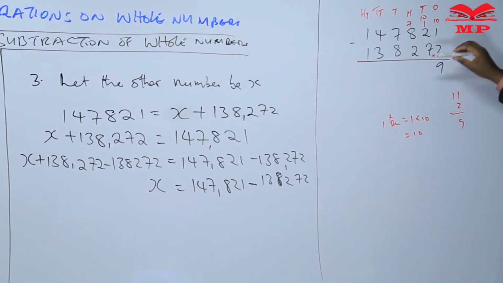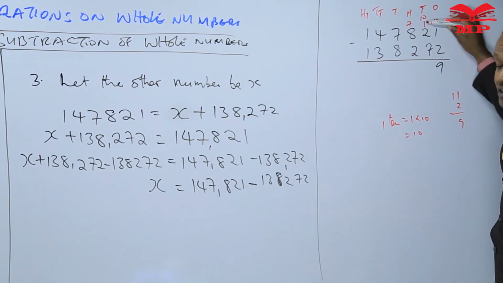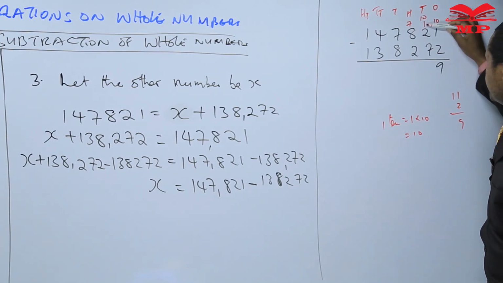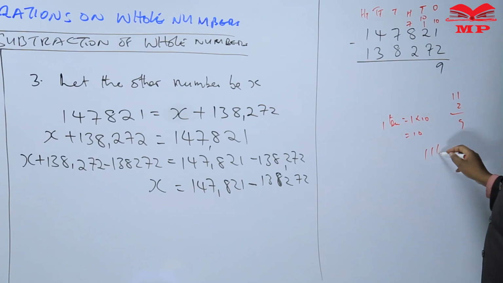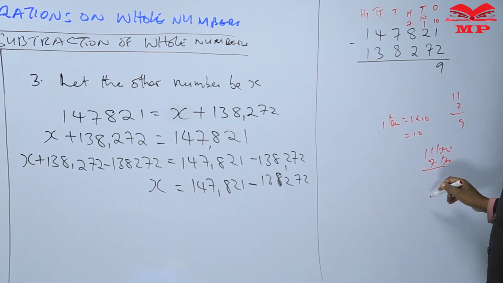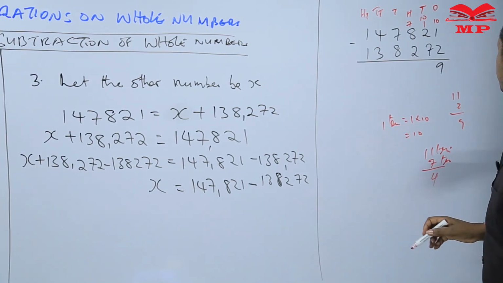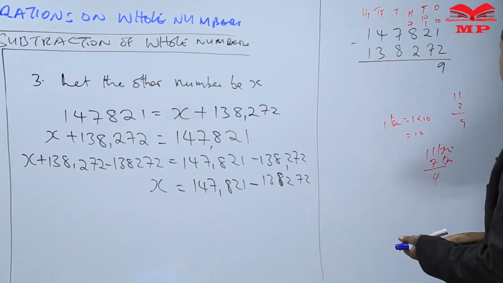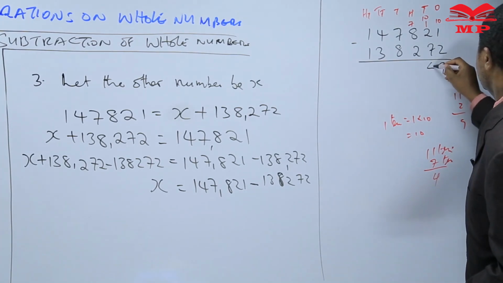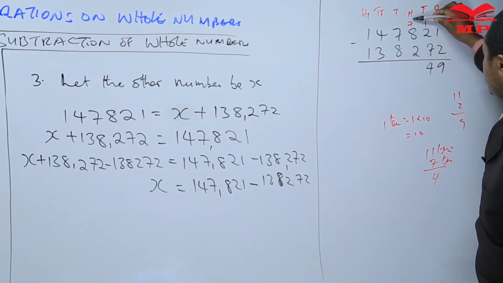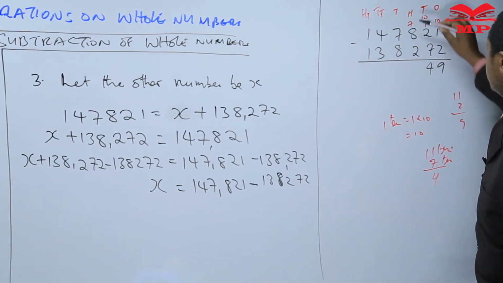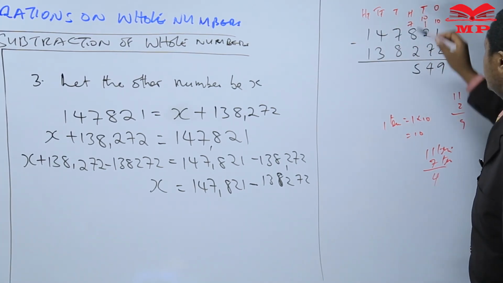So we'll have 10 tens plus 1 ten giving us 11 tens minus 7 tens is equal to 4 tens. Then we subtract the hundreds. We remained here with 700s minus 200s giving us 500s.